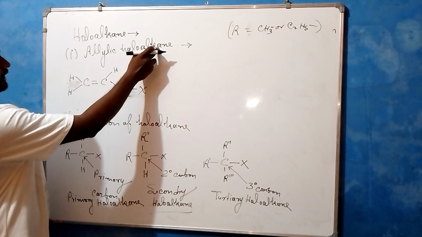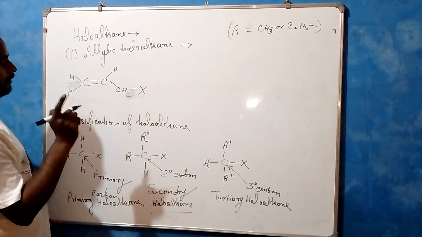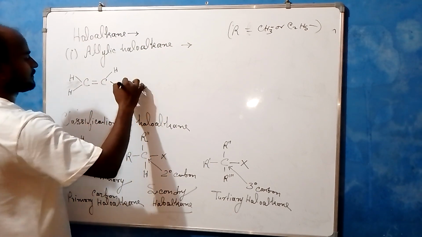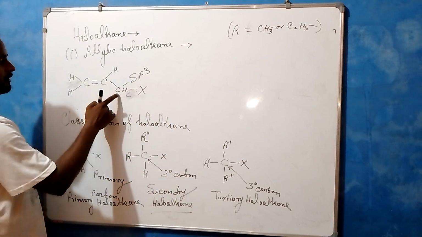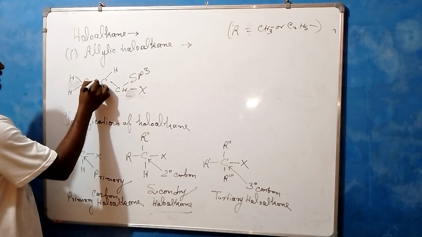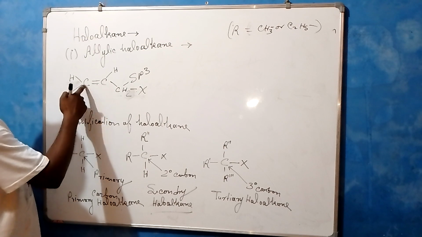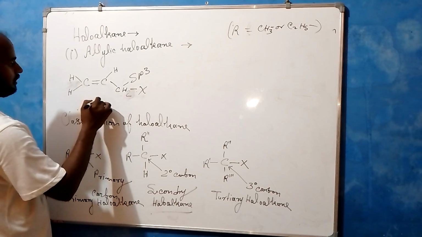Allylic haloalkane is formed when the halogen atom is attached to an sp3 hybridized carbon atom which is adjacent to the double bonded carbon. This haloalkane is known as allylic haloalkane.